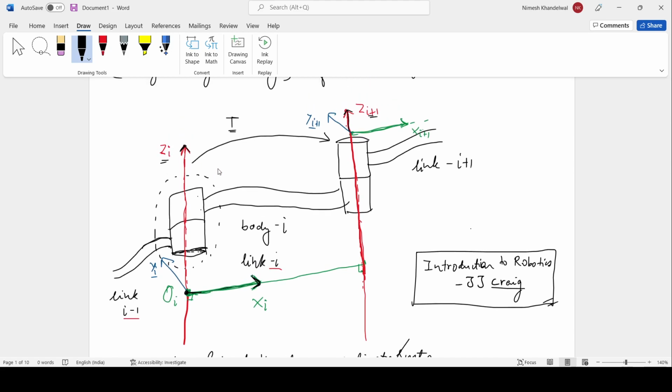To align, because this zi and zi plus 1 are not aligned. If zi plus 1 is like this, then zi is something like this. There is some angle between them, and this angle, as you know from the lectures, is called alpha i.